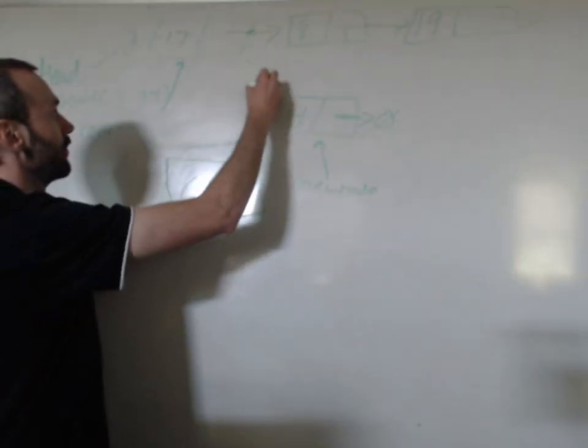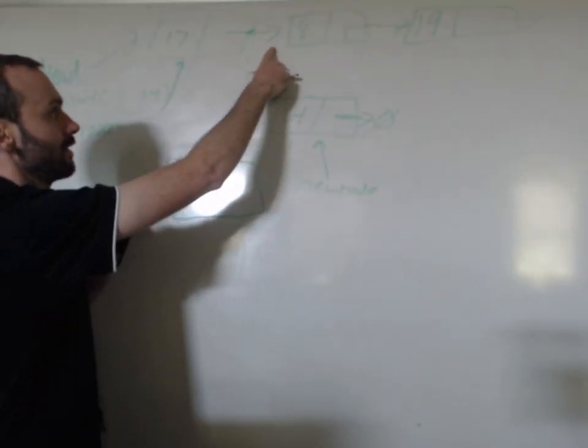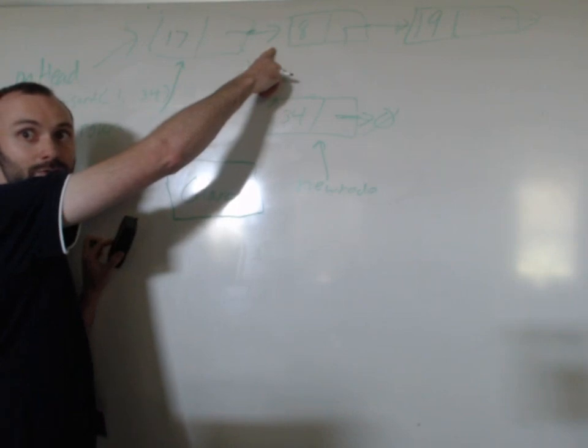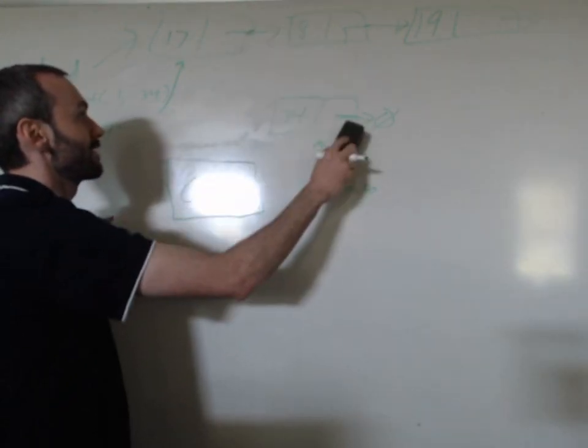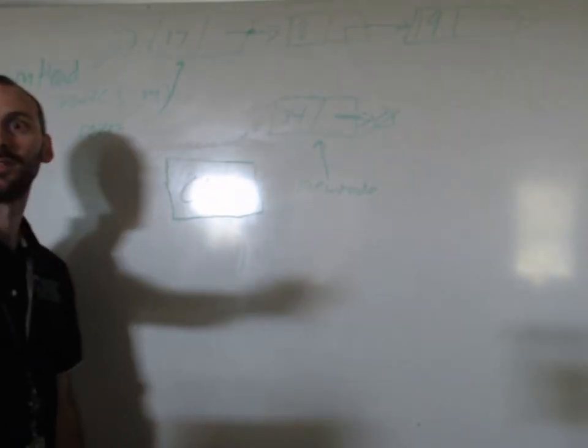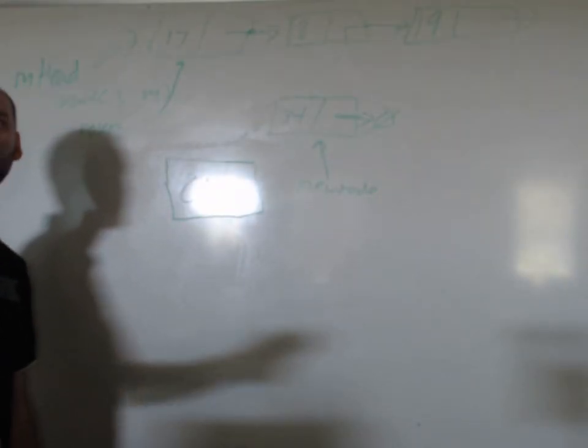All right, so if we do this first, we get rid of that link. Is that what we want to do first? No. We want to update this link first. So we want new node's mNext to equal what? Rover's mNext. Yeah, I think you said it. Yeah, I was pretty sure you did.